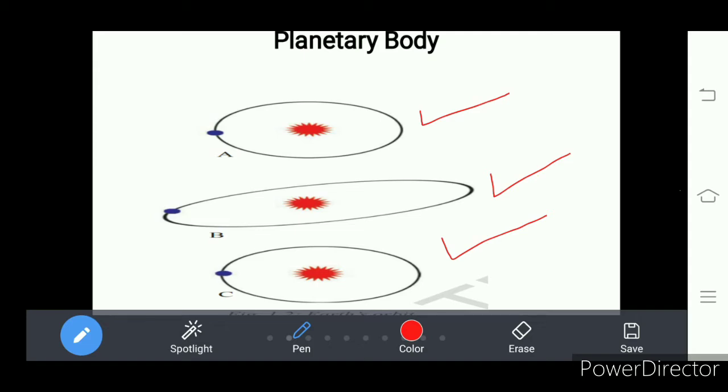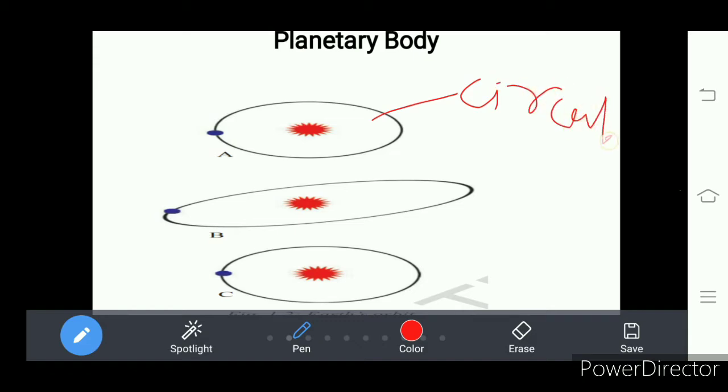The figure A showing here is a circular path.